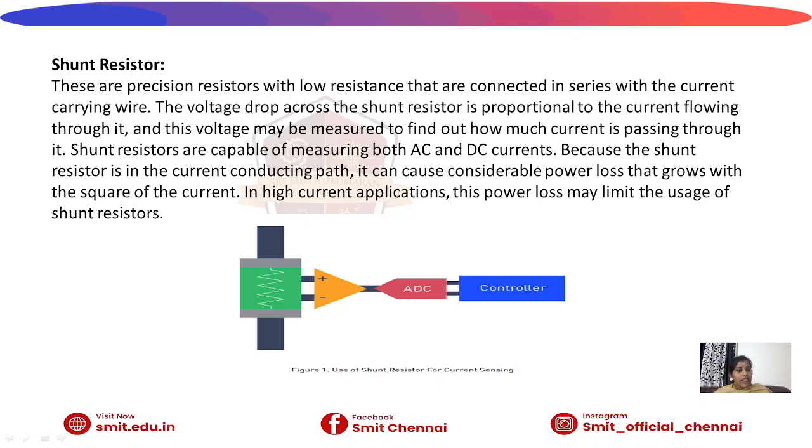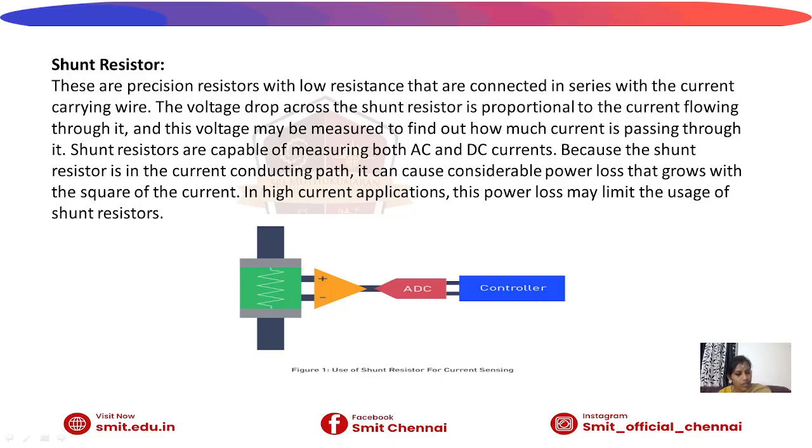The voltage drop across the shunt resistor is proportional to the current flowing through it, and this voltage may be measured to find out how much current is passing through it.